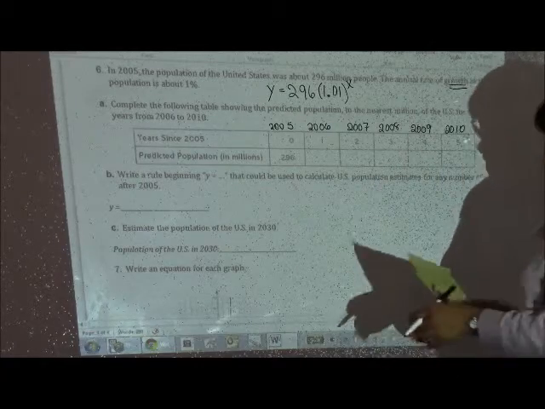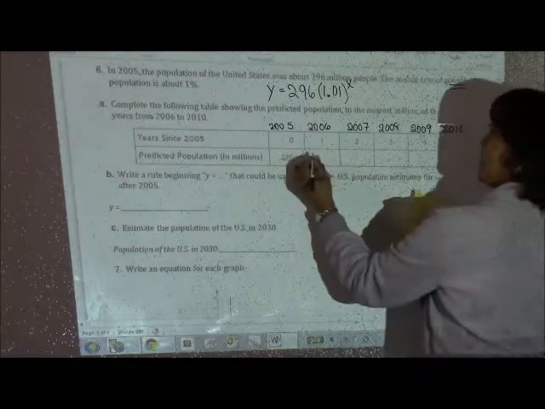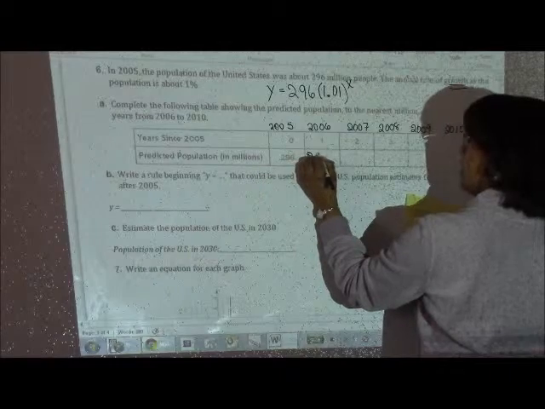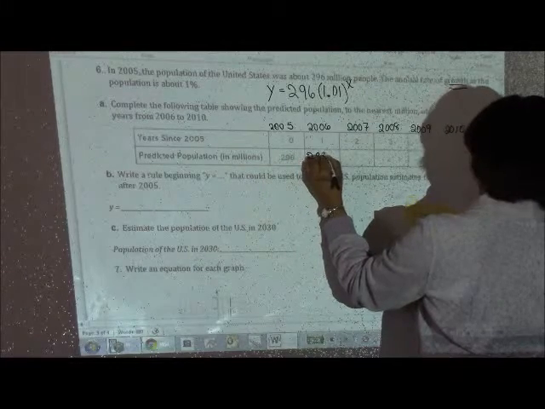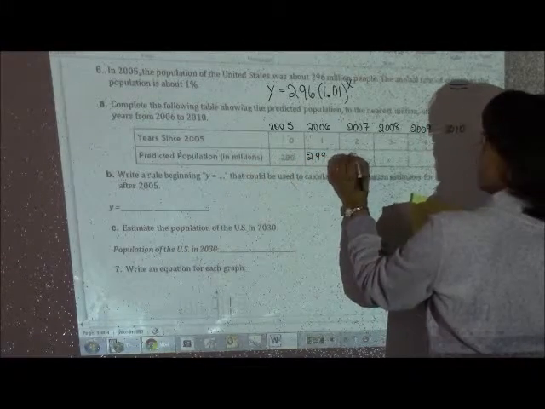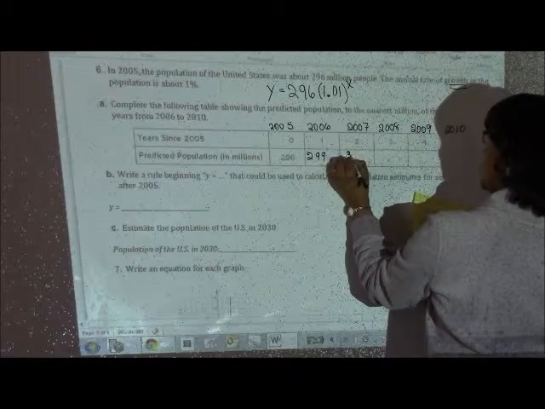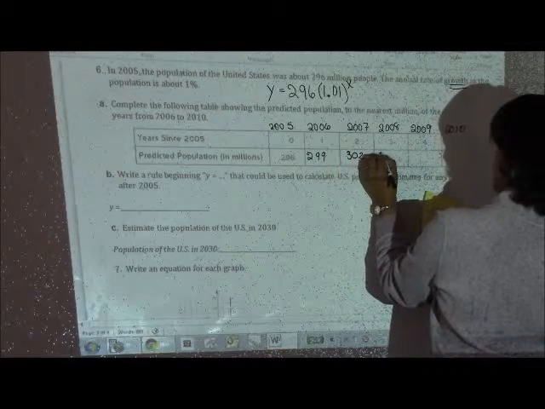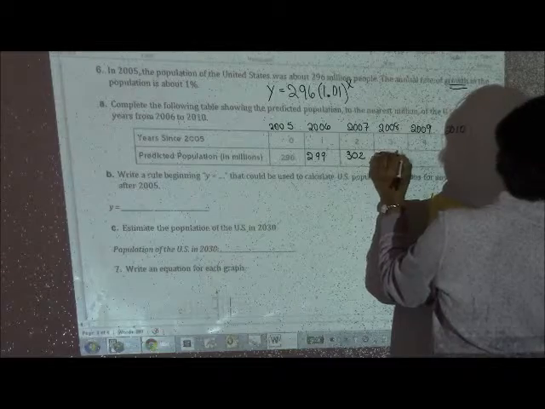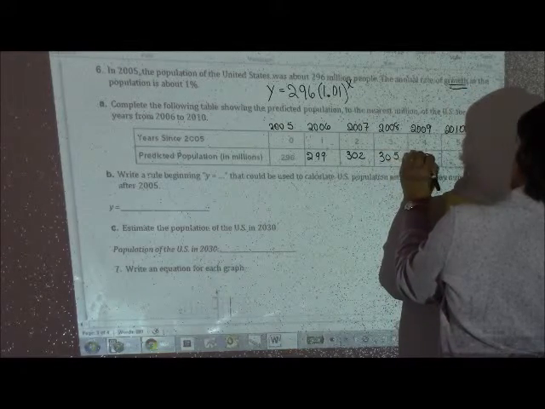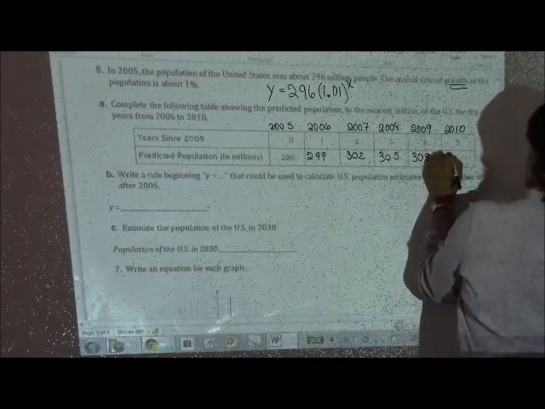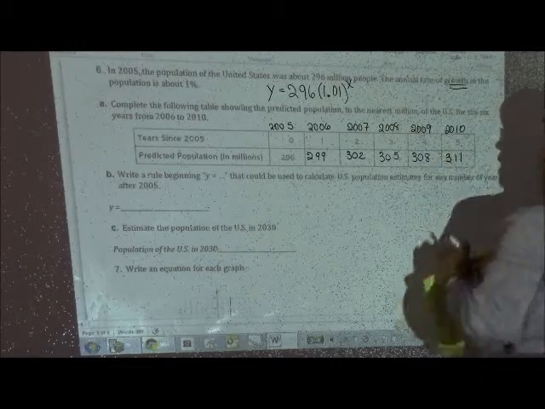And when you look at your table, check your values to see if you get, after 1 year, 299 million, and then 302 million, 305 million, 308 million, and 311 million.